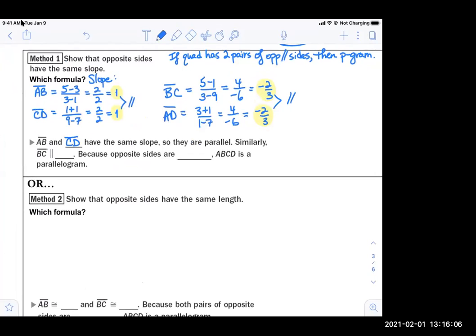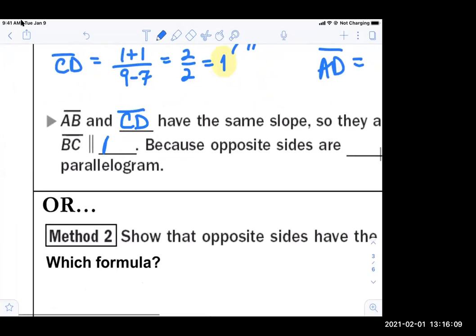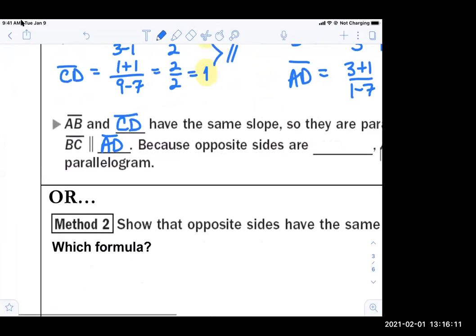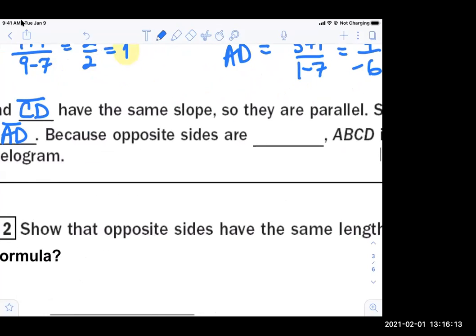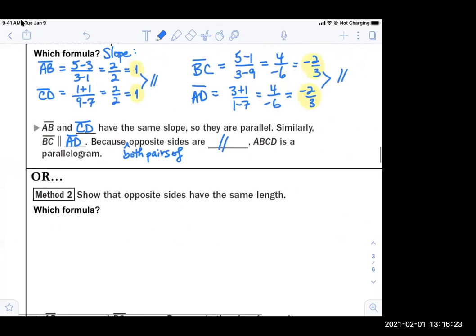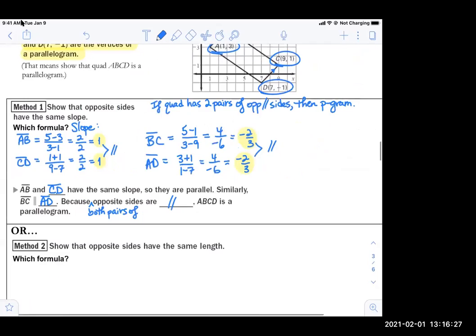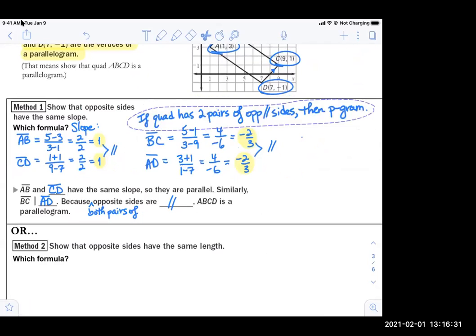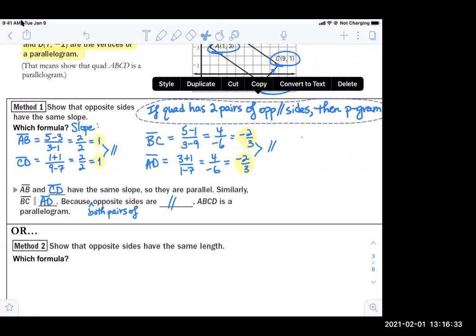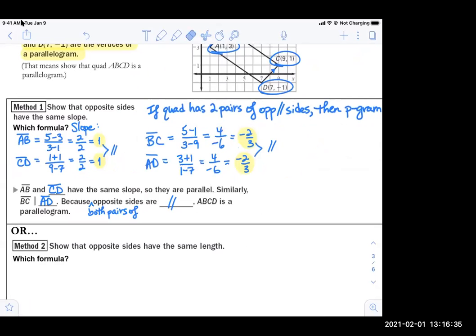Similarly, segment BC is parallel to segment AD because, and I'm going to actually say here, both pairs of opposite sides are parallel, then ABCD is a parallelogram. So if you're showing that a quad has two pairs of opposite parallel sides, you have to do slope 4 times, right?